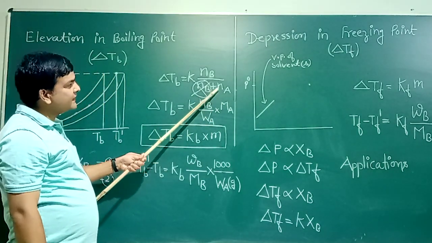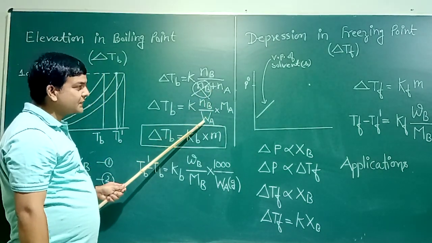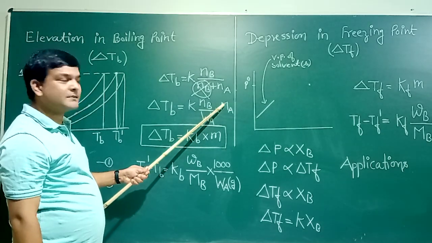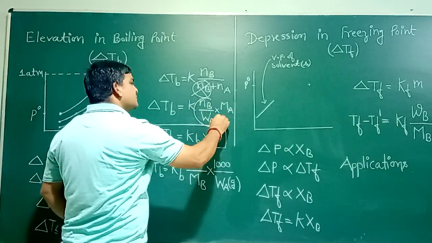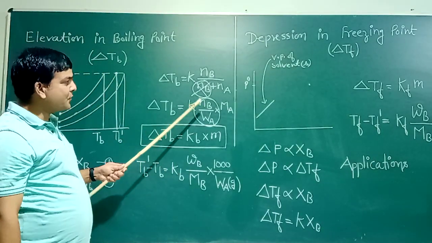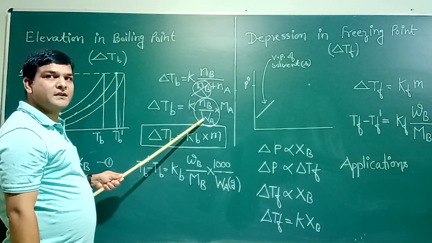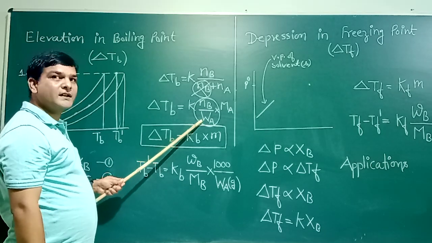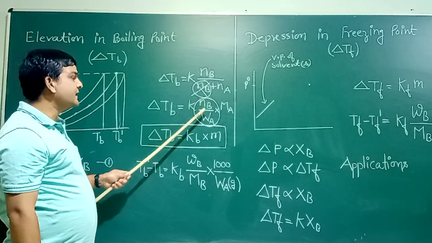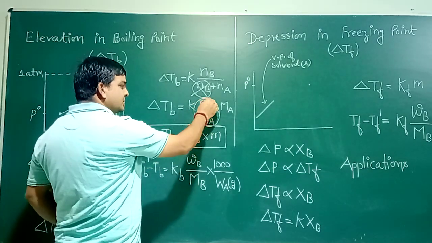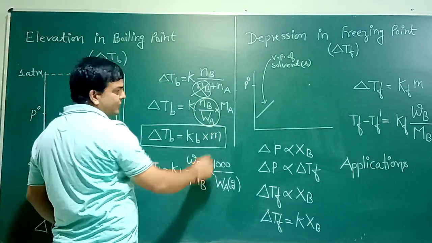Moles of solvent can be written as mass of solvent upon gram molar mass of solvent. Now if you read these two quantities together, it is moles of solute divided by mass of solvent, and this is a concentration term known as molality. So in place of these two you can write small m, that is molality.